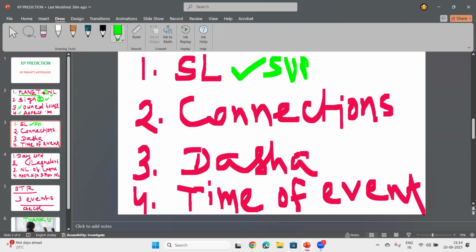But you have to remember the importance of this sublord. So now, in a particular chart, suppose Mercury is sitting in a Scorpio sign. So who is the sign lord of Mercury? Mars. Mars is the sign lord of Mercury.